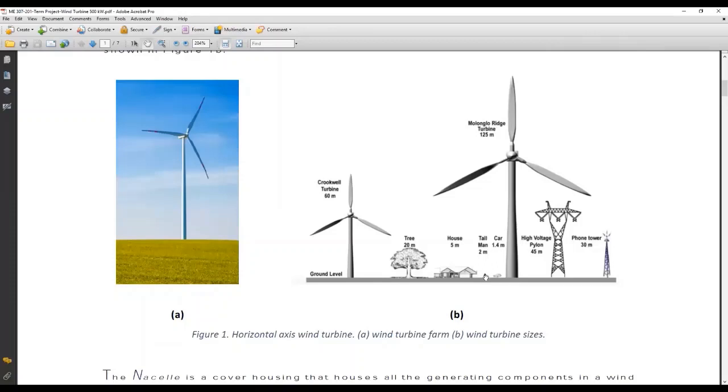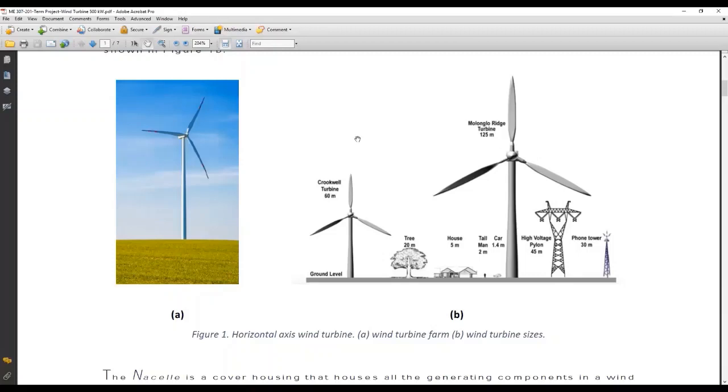If you look at this little guy standing here, an airplane will actually be smaller than this. A big Boeing 747 will be smaller than this. So that's really huge. Of course, you are not going to design this size.